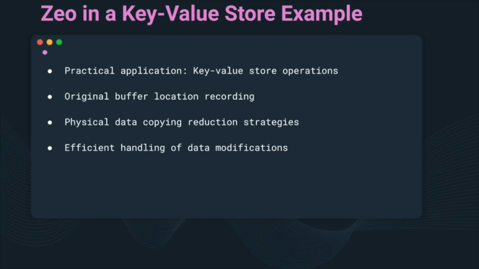If this buffer is copied to another location, ZIO unmaps the destination and updates its tracking, effectively eliminating the need for a physical data copy. Now, handling modifications. If the data in the buffer is modified, ZIO fills in the page fault with data from the original buffer, allowing access while minimizing unnecessary copies.